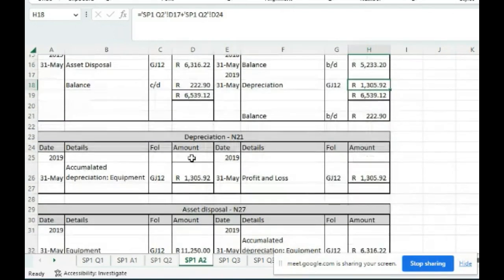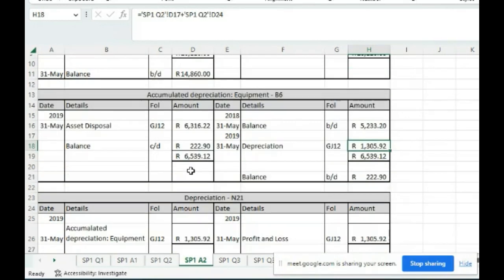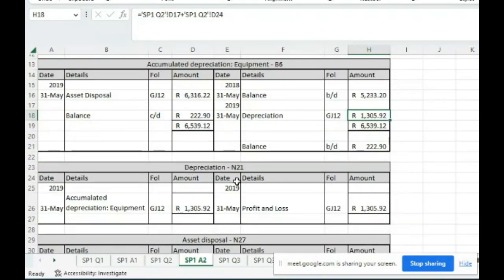Then we go and look at the depreciation account. What we do now is you will see that this depreciation here is really just the contra account, or the contra entry, of this entry here.